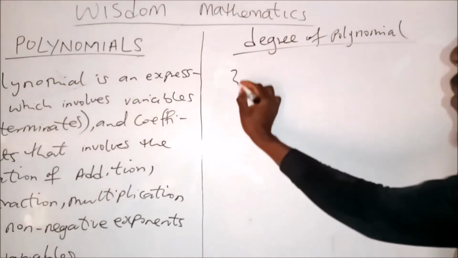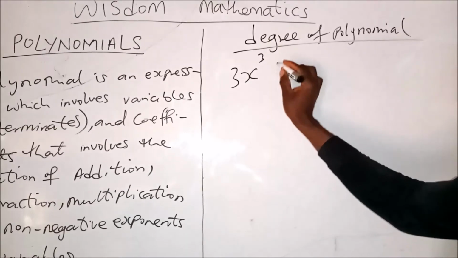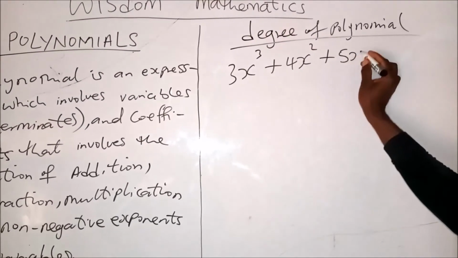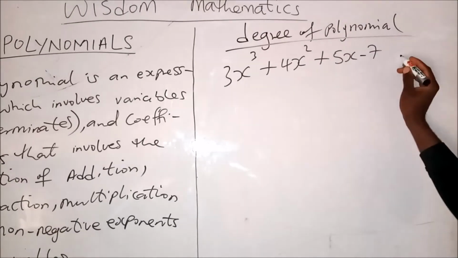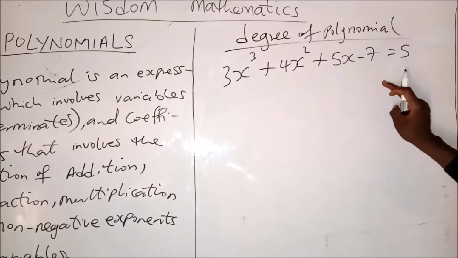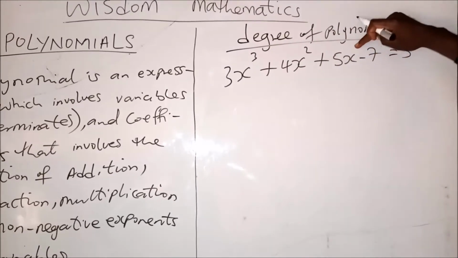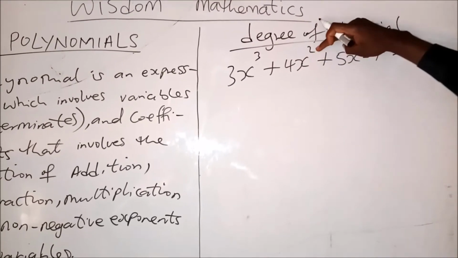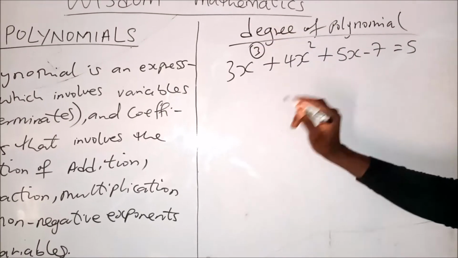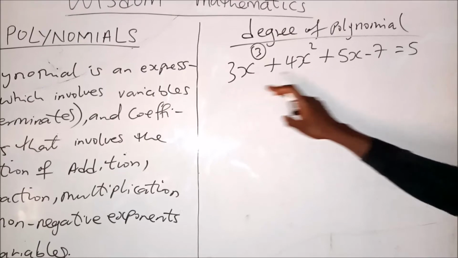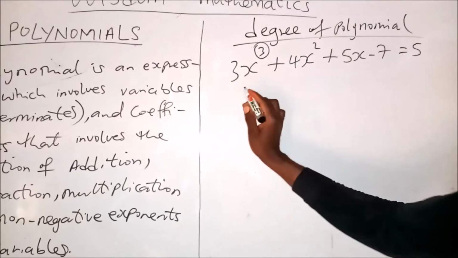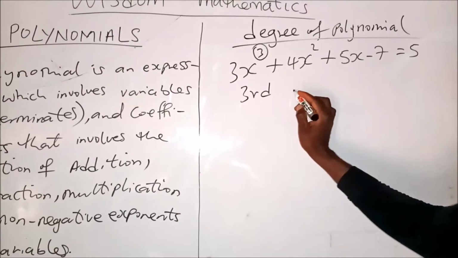Let's take, for instance, we have 3x raised to the power 3 plus 4x squared plus 5x minus 7, let's say equal to 5. In this polynomial, the power of x here is 1, power of x here is 2, power of x here is 3. So 3 is the highest power of unknown in this particular polynomial. For that reason, we say that this polynomial is of the third degree.